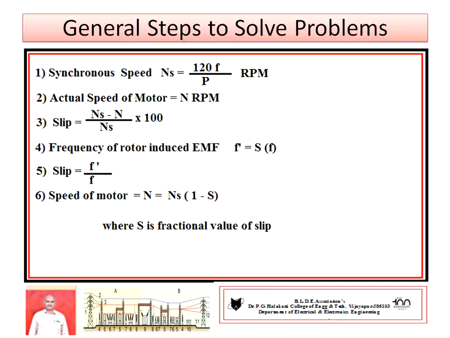After knowing the slip, we know that in a transformer primary frequency and secondary frequency are both the same, but in case of induction motor, when the motor is at rest, supply frequency equals rotor frequency. Primary winding of transformer is the stator of induction motor.